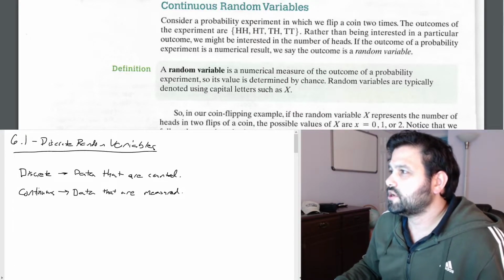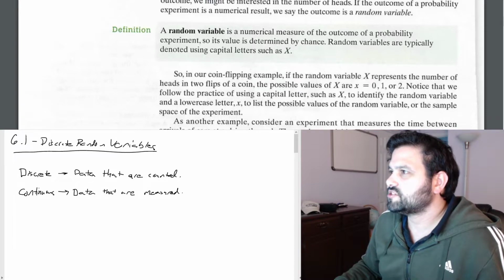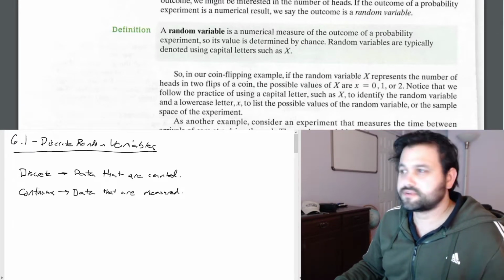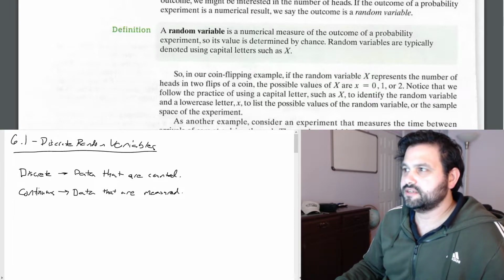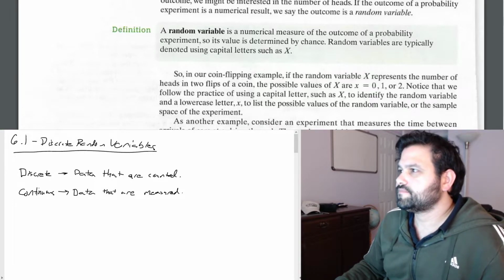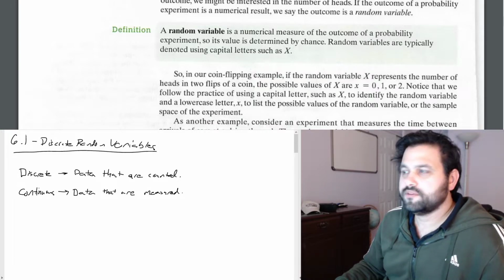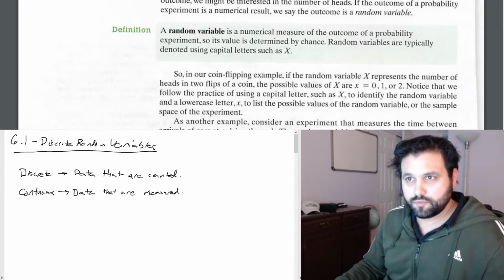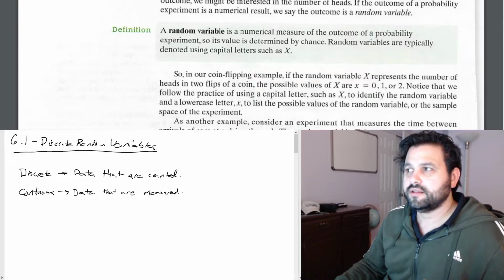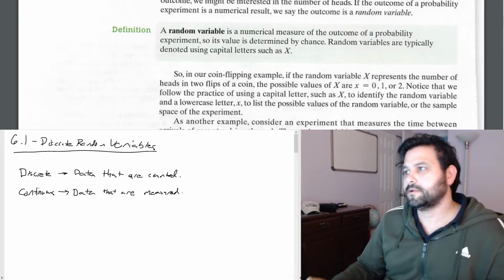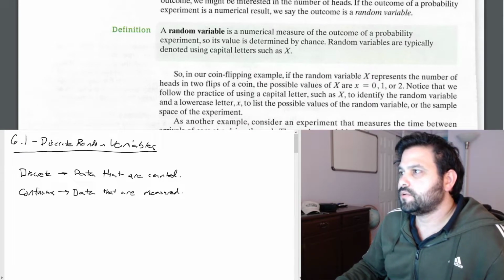Okay, so here's a definition of a random variable. We've talked about this before. It's a numerical measure of the outcome of a probability experiment. It's determined by chance, and in the book and when I write things, we'll usually use capital letters to represent the overall variable.